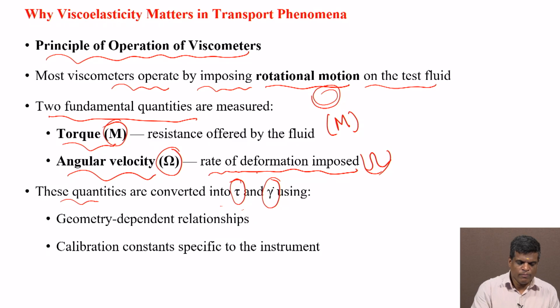But not only this, we also have to use the geometry-dependent relationship and the calibration constants specific to the instrument. You first measure the torque and the angular velocity, then convert them into shear stress and shear rate.